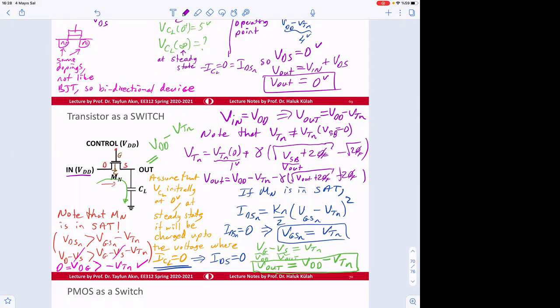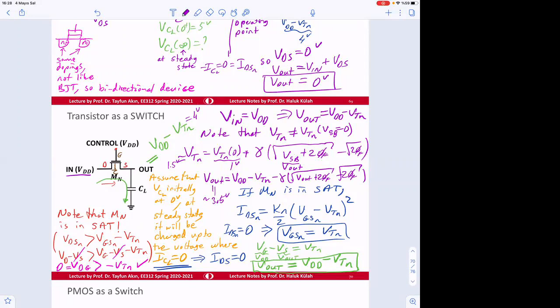The point here is that this can be 4 volts or not even, if this is the case, then this is going to be 1.5 volt. Therefore, V out is going to be equal to about 3.5 volts. Okay, even lower than that.